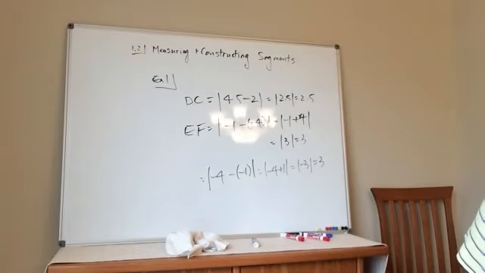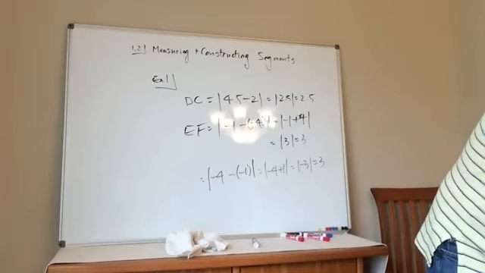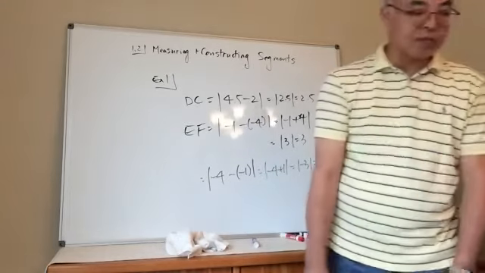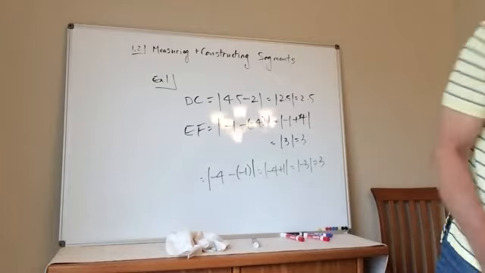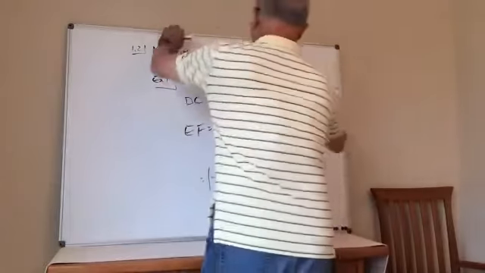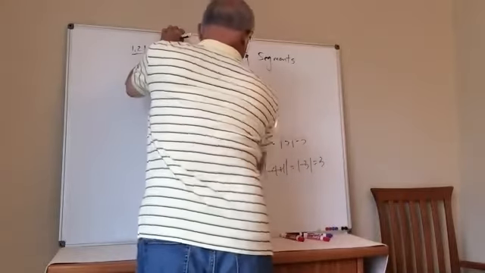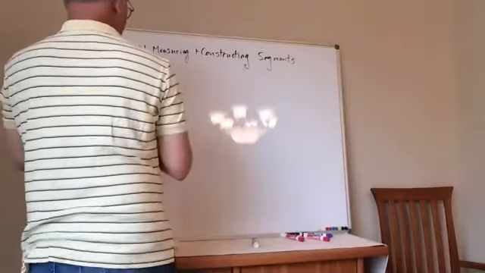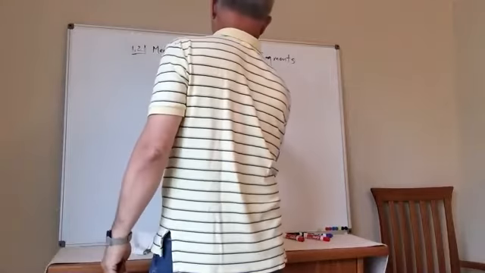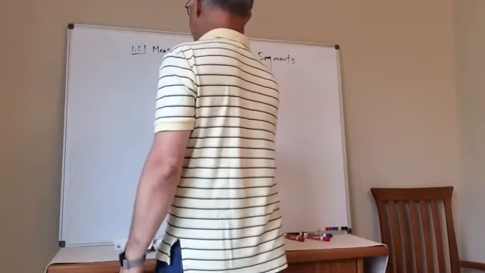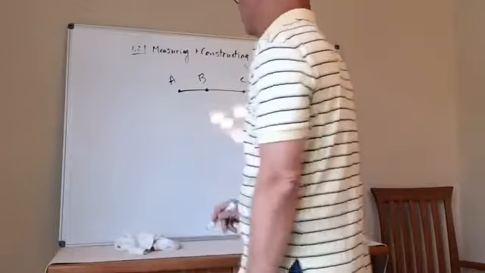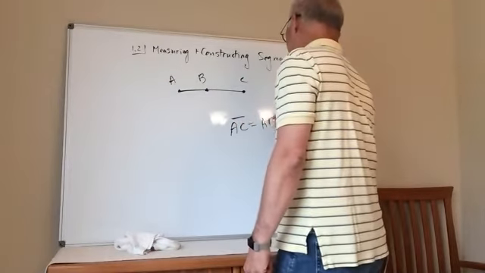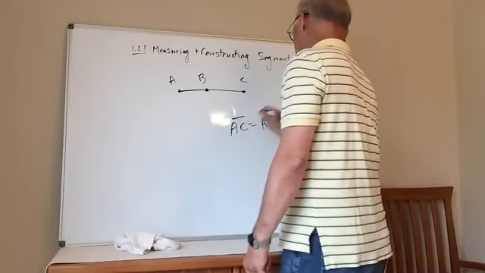There's a postulate on the bottom of page 14. Postulate 1-2-2, segment addition postulate. What that says is that if you have a line segment that looks like this, A, B, and C, the segment length AC is the same as AB plus BC.